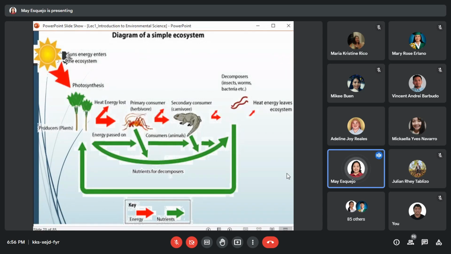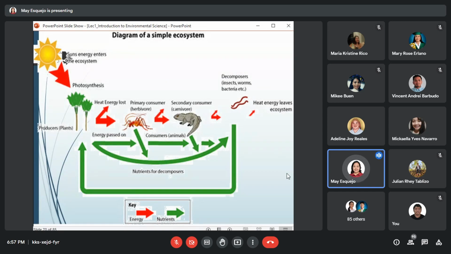Okay, so this diagram shows you a simple ecosystem. Okay, merong mas magagandang diagram, but this can already be a simple diagram. So we have the sun giving enough energy to the plants, which collect the energy so that they can produce food through photosynthesis.